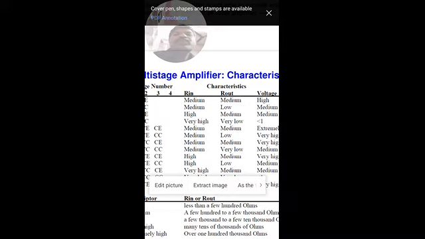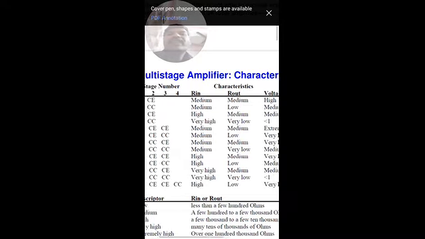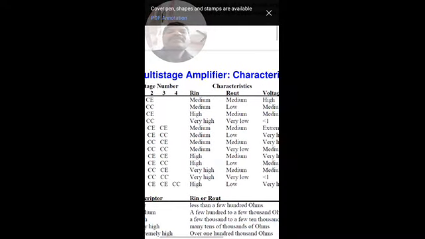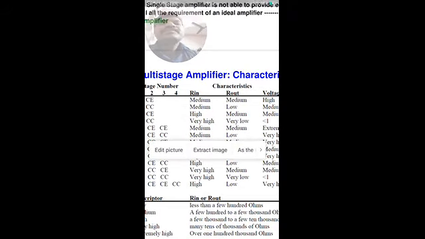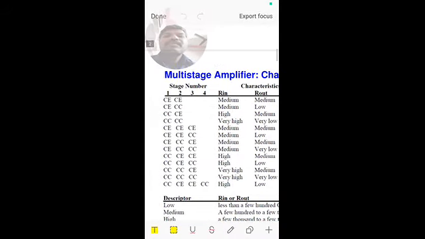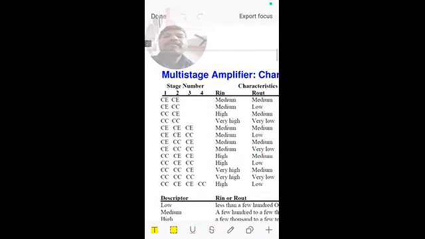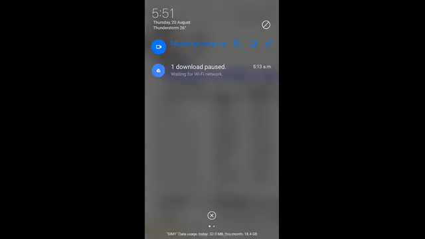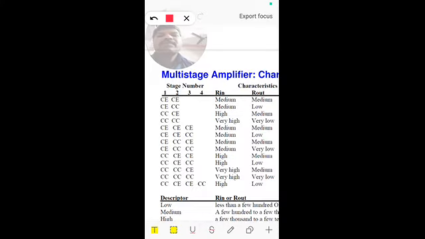And coming to the fifth line, 1, 2, 3. This is the fifth. All three stages are CE.